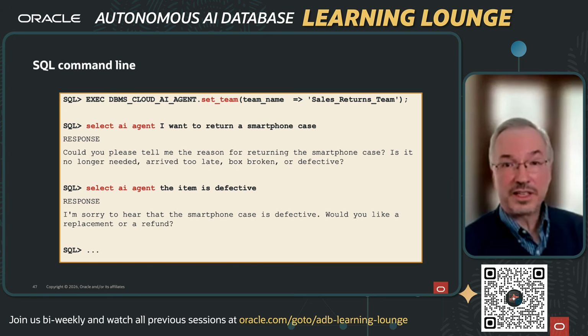Here, we start by saying, I want to return a smartphone case. And we see the agent respond by inquiring, why do you want to return it? We respond, the item is defective. So in this example, there's an implicit conversation to provide context across invocations. And this dialogue will continue until the return is completed per the instructions specified in the task we saw earlier.